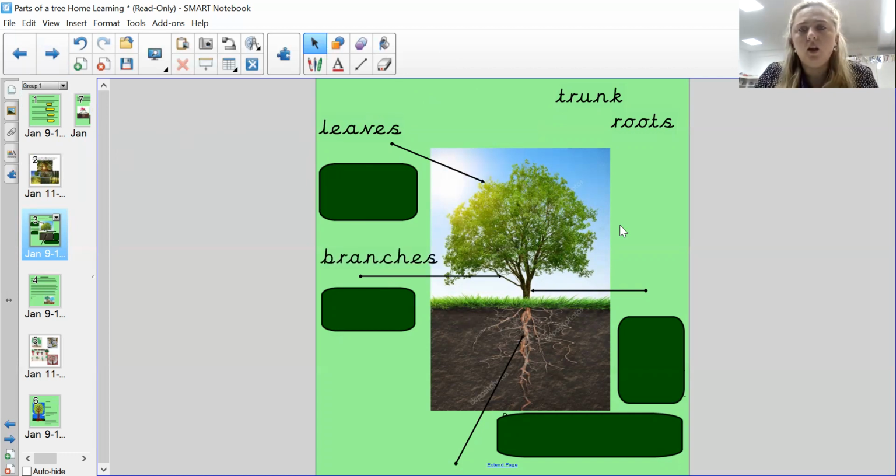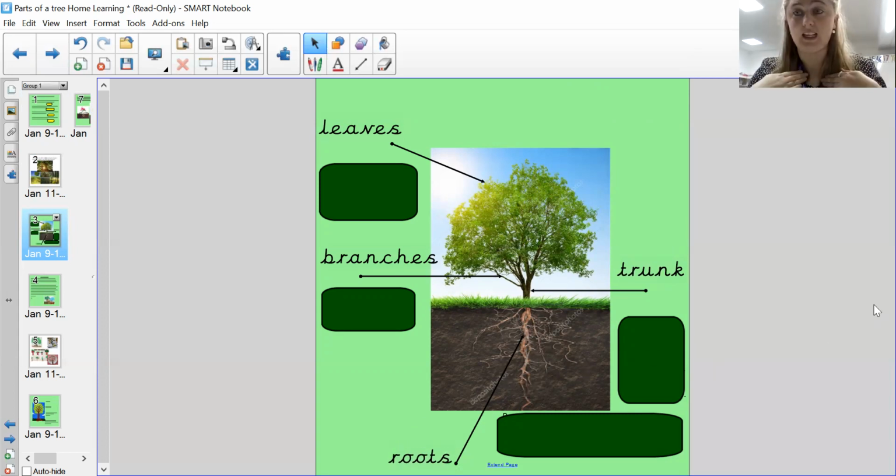Fantastic. What is the large brown thing right in the middle of the tree there? Well done. It's the trunk. And that makes these wiggly things under the ground roots. So we've got leaves, branches, trunk, and roots.